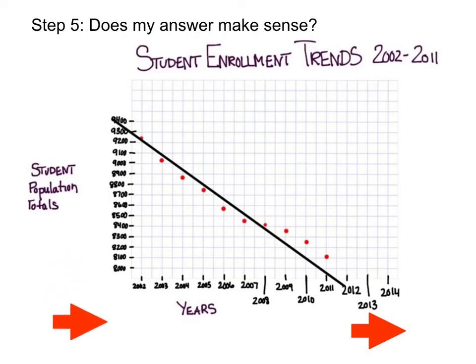It looks as though I should be in the 7,000 range. Now, because I didn't draw enough of those data values below, it's hard to tell exactly, but based on the trend line, my answer looks fairly valid.